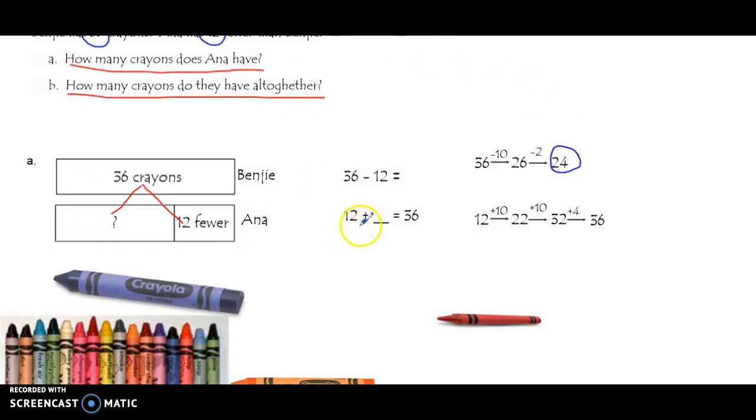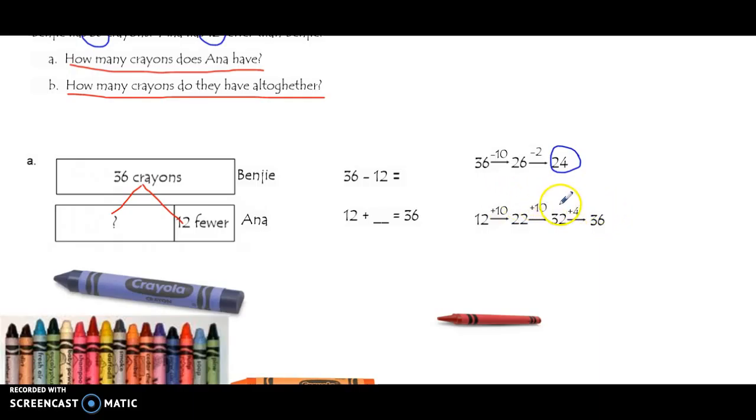Another way to solve that, I could have started with the 12 and then counted up to 36, and that would have given me the number I didn't know. Again, you could have used the arrow way, so I could have said 12 plus 10 is 22, plus 10 more is 32, plus 4 more is 36.